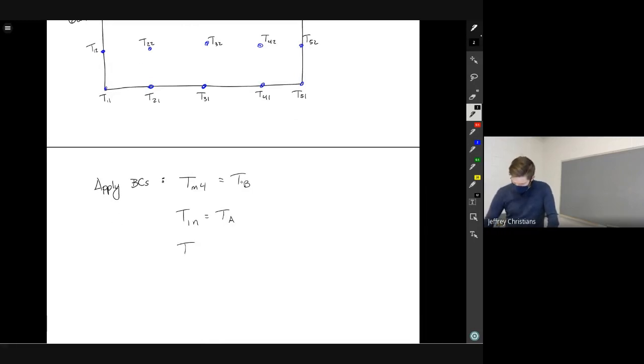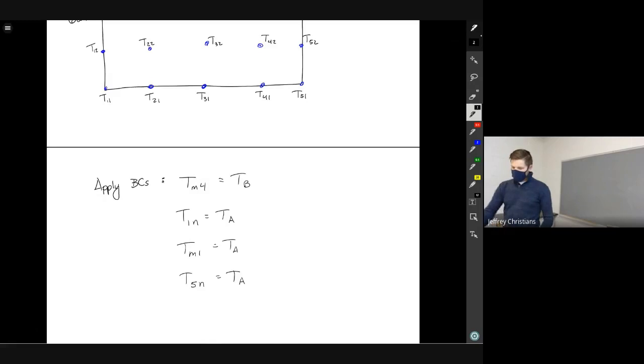T(m,1) equals TA along the bottom and along the right side, T(5,n) equals TA. So the left-hand side, the bottom, and the right-hand side are our boundary conditions.